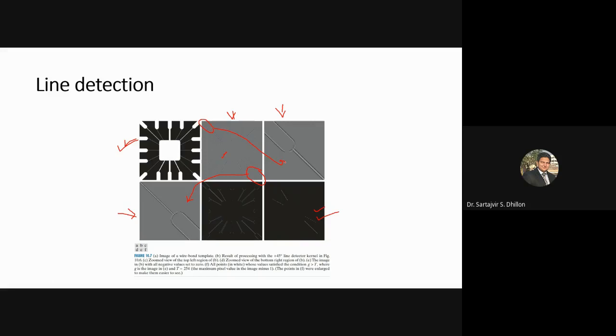So these are the zoomed versions, and the next one is figure E. The E is representing the image of B with all negative values set to 0. So all the values which are negative are set to 0.